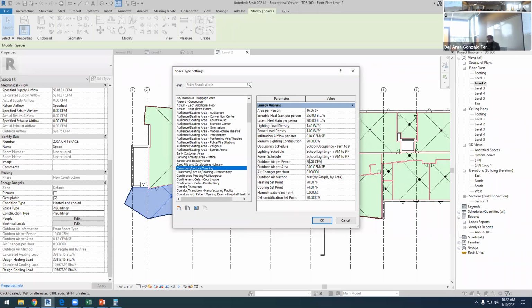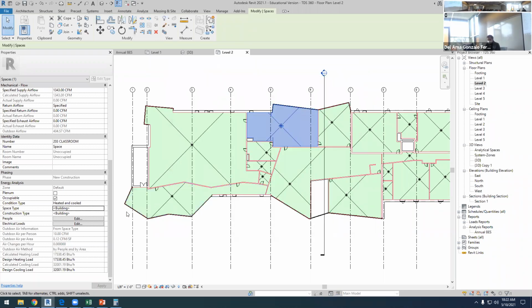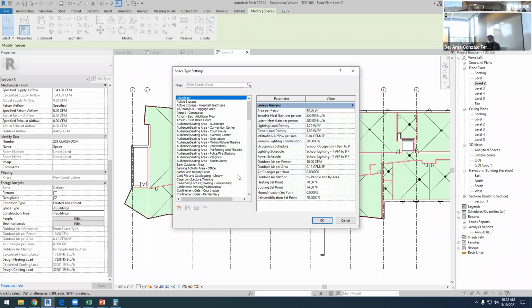So this is 20 again, and we have the same schedule. Once we have done this with this classroom lecture space type, then we have this again. And then for this classroom, heated, occupied. And now by default, you see that the outdoor air is 10, but if we select the classroom, now it's 20 because we have already changed it.